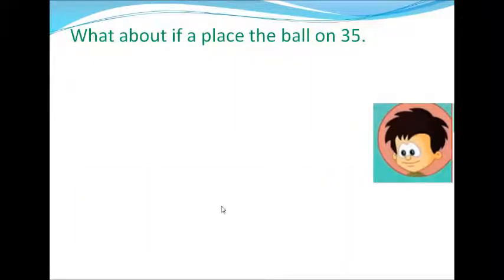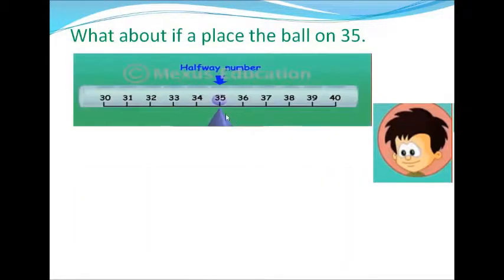What about if we place the ball on 35? Now, children, 35, you can see it is just the mid number of 30 and 40. It means it is coming in the center of 30 and 40. Such numbers we also call halfway numbers.